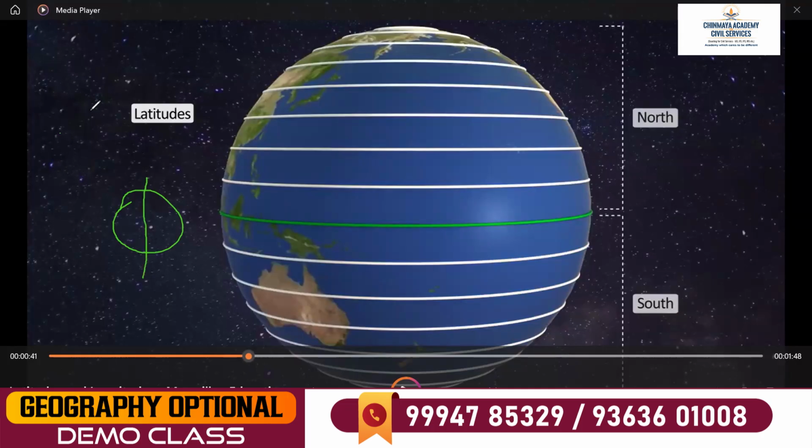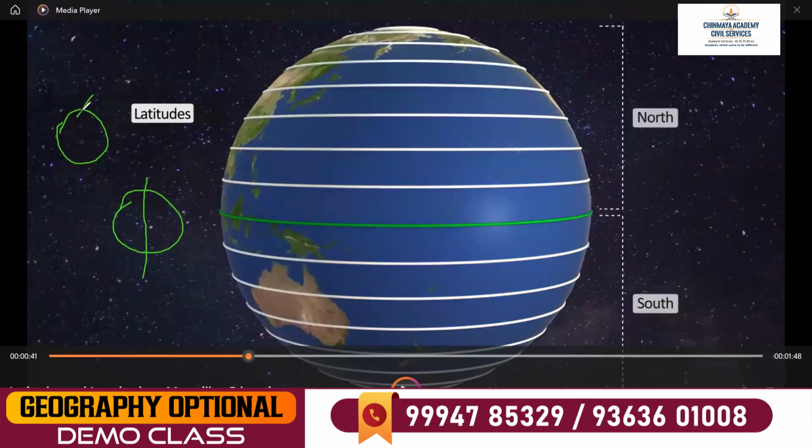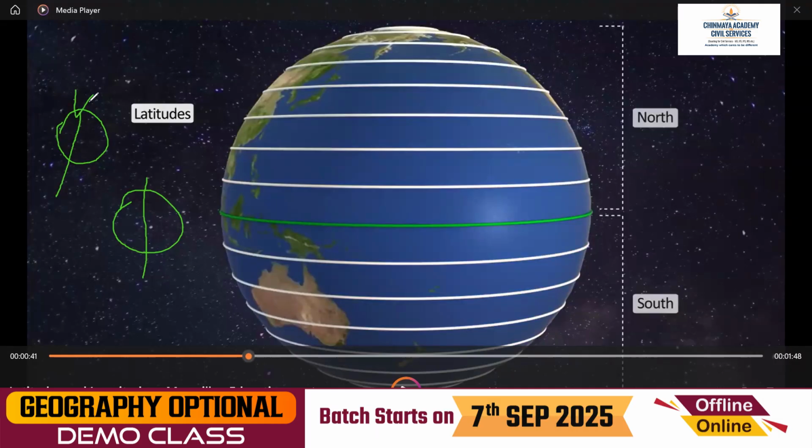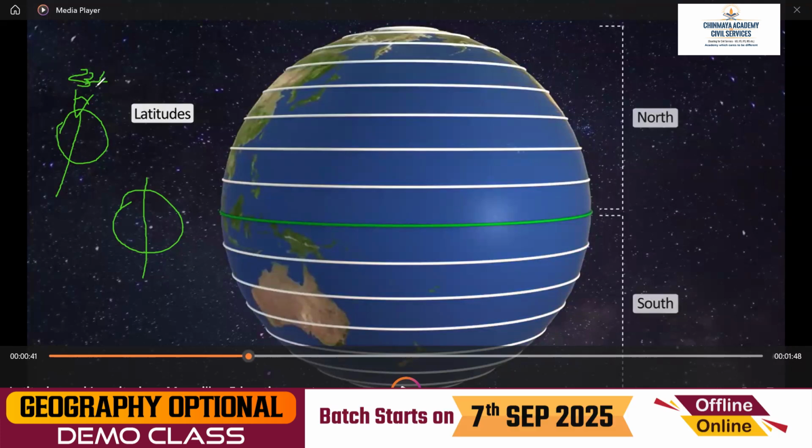But our Earth is tilted 23.5 from vertical.